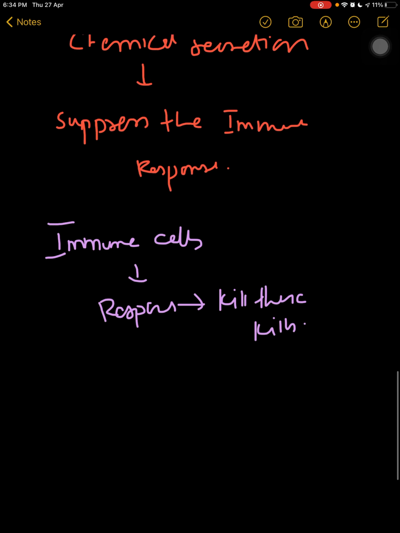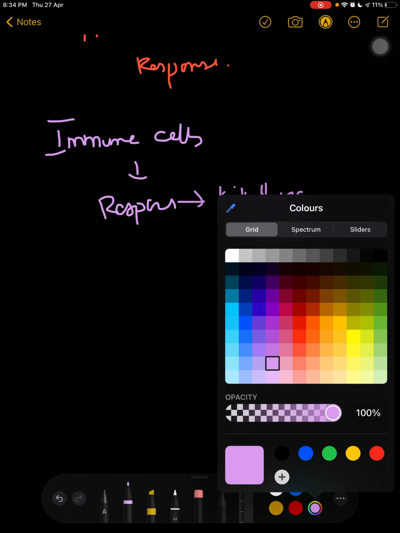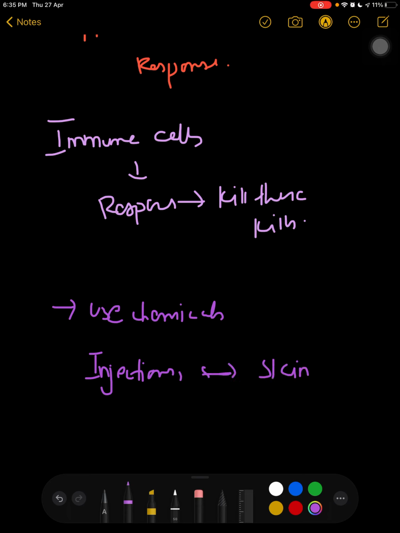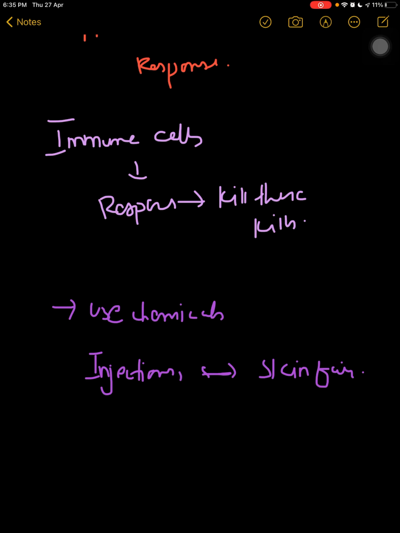Malignant melanoma happens to people who usually use certain chemicals, like certain injections, right? They use some in order to make their skin fair, right? They use certain chemicals.